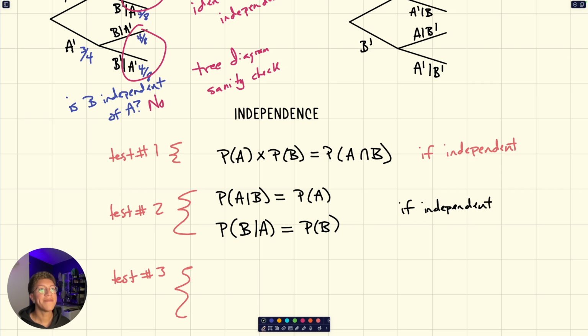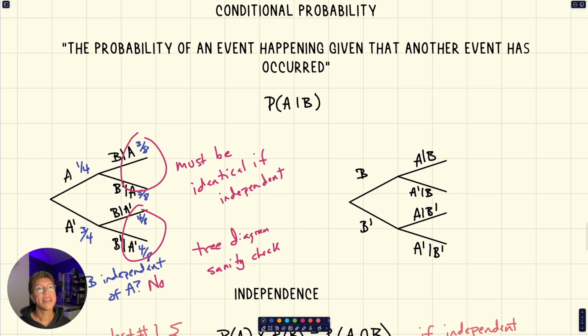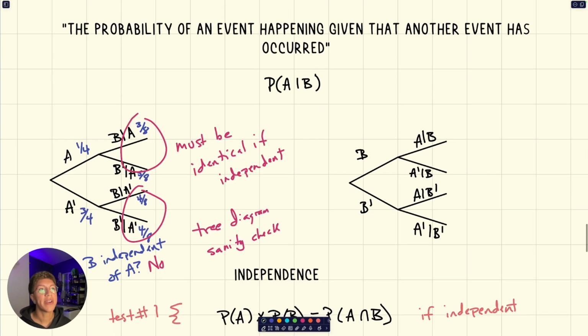And if our tree diagram is not showing independence, then we have a pretty good amount of certainty that our result is correct or not. So this is kind of like the tree diagram test for independence. And that's also true, of course, for our other case over here. These two branches must be identical if there is independence. So whether B happens or does not happen, those probabilities should not change or vary.